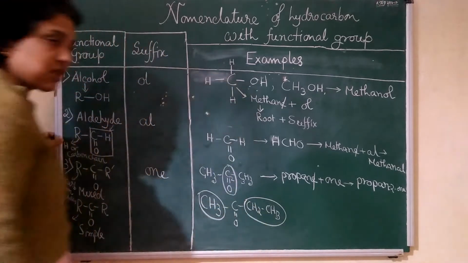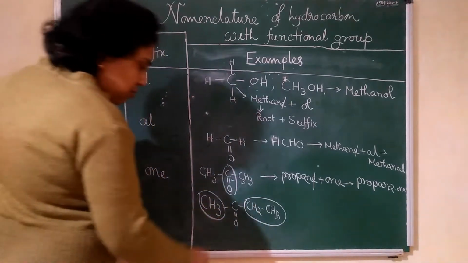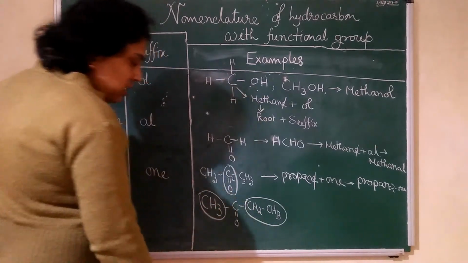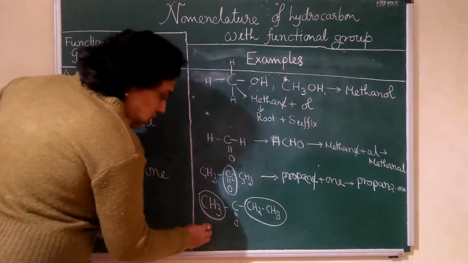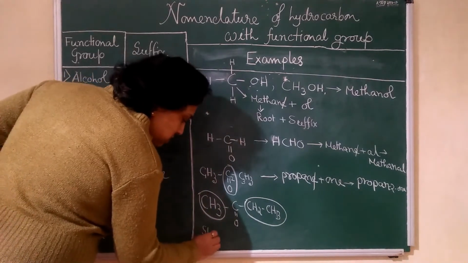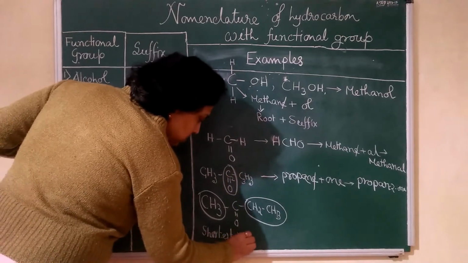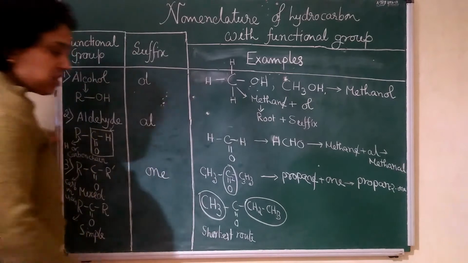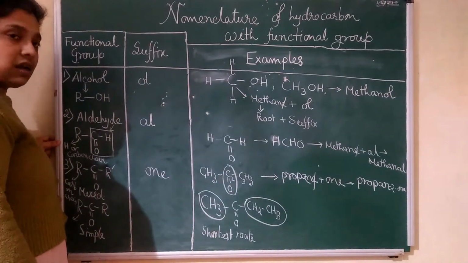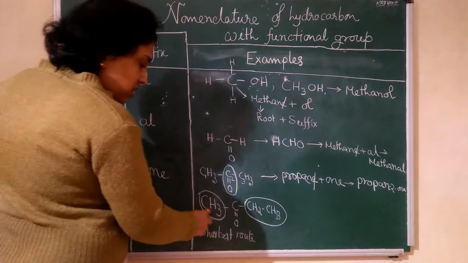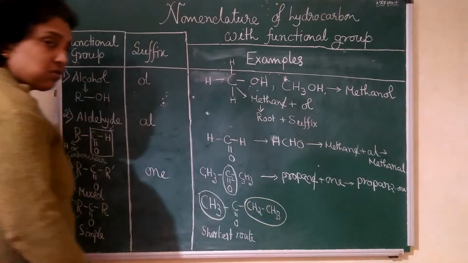Now these R groups are different, so you have to give the numbering. The rule is shortest root. Start numbering the carbon from the side where the ketone will be reached soonest.